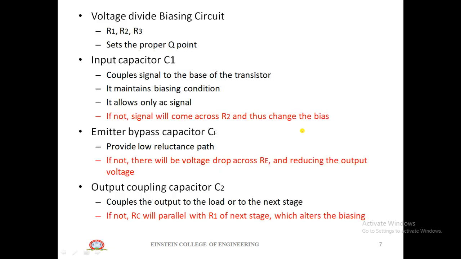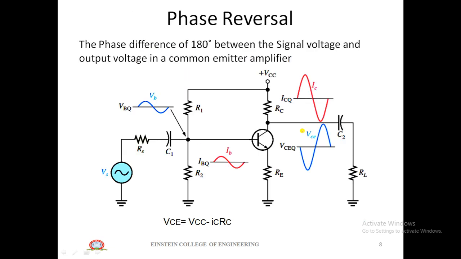Next is the phase reversal. The phase difference of 180 degrees between the signal voltage and the output voltage in a common emitter amplifier is the phase reversal.